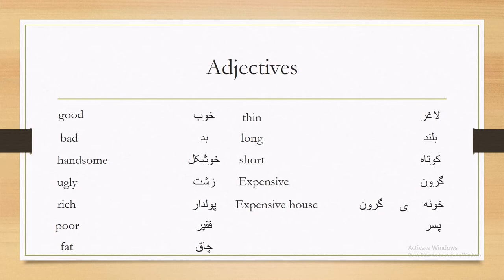But we should use e between them. Here our noun doesn't have he at the end, so we should add e after the noun. And then we should say good, خوب. پسر خوب means good boy.